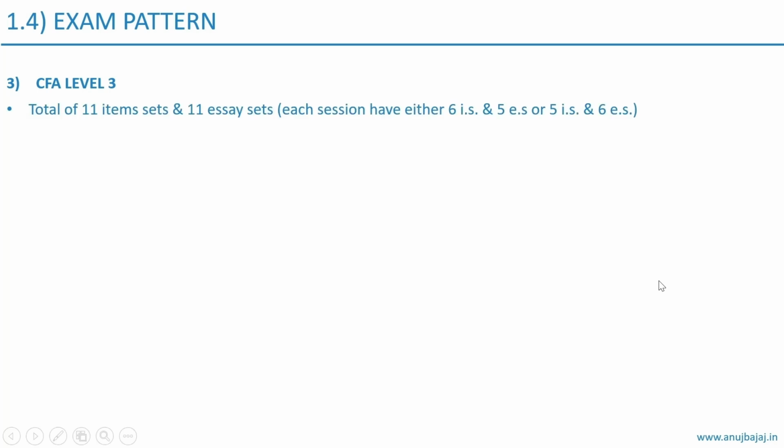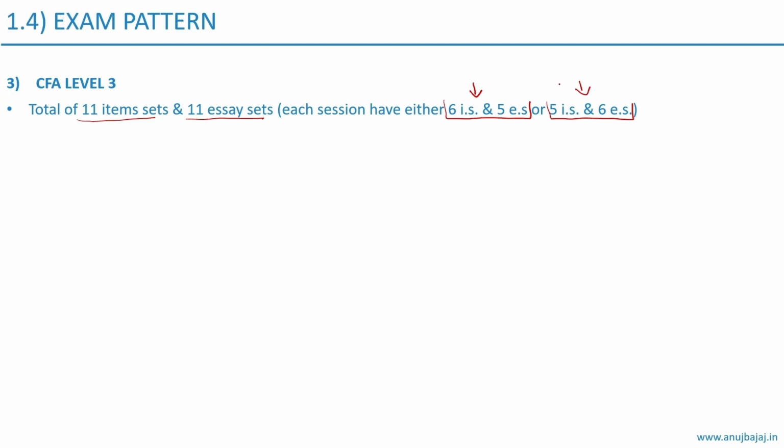In CFA Level 3, we have a total of 11 item sets and 11 essay sets, where each session can either have 6 item sets and 5 essay sets, or 5 item sets and 6 essay sets. For example, if session 1 has 6 item sets and 5 essay sets, then session 2 will have 5 item sets and 6 essay sets.